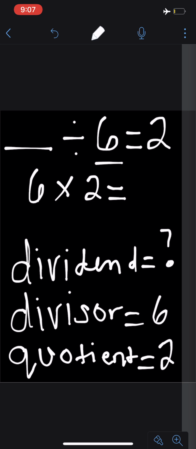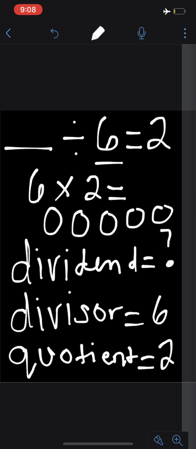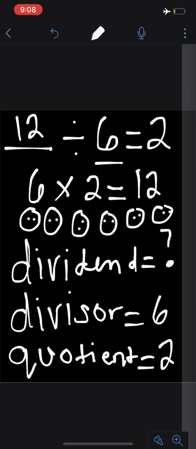I can work it out. 1, 2, 3, 4, 5, 6 groups, and put 2 in each group. Just count your dots. 1, 2, 3, 4, 5, 6, 7, 8, 9, 10, 11, 12. So 6 times 2 equals 12. So that means 12 divided by 6 equals 2.